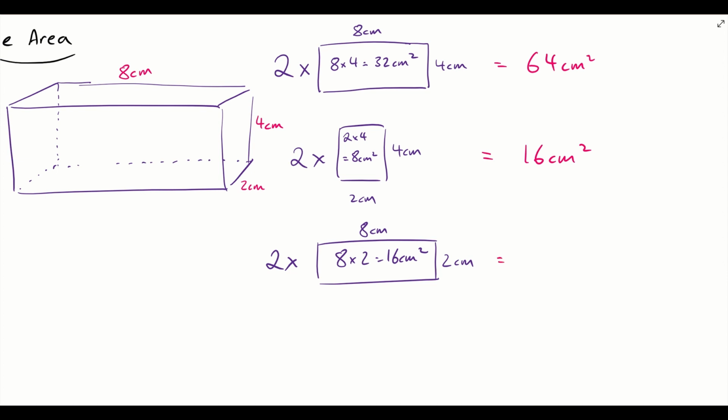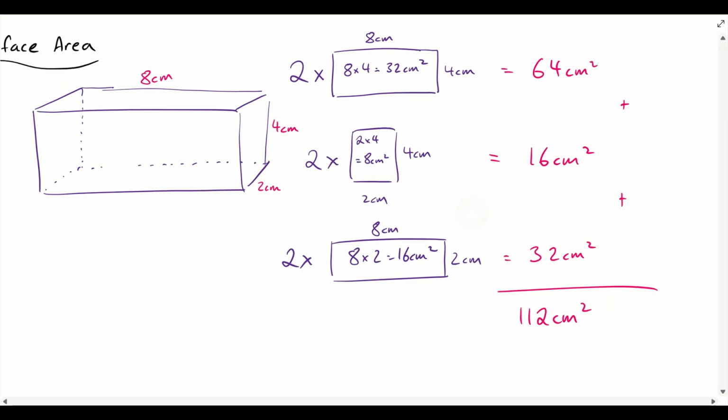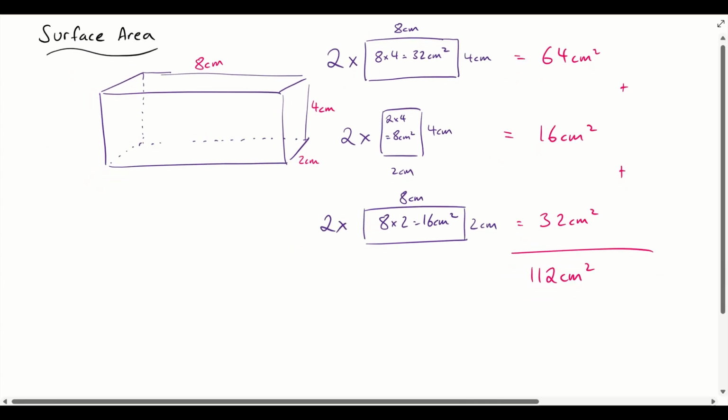And the top and the bottom, okay, we've got a total of 32 centimeters squared because it's 2 lots of 16. And we just need to add all of these up for the total surface area. So if we do 64 plus 32, that is 96 plus 16 would be 112 centimeters squared. Okay, so that is a total surface area for this rectangular prism.